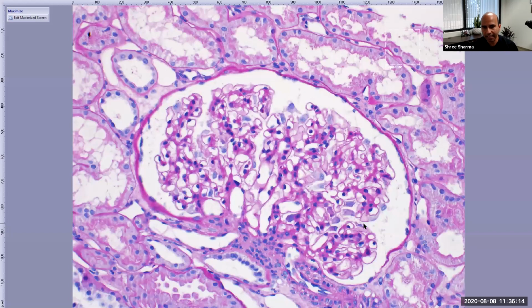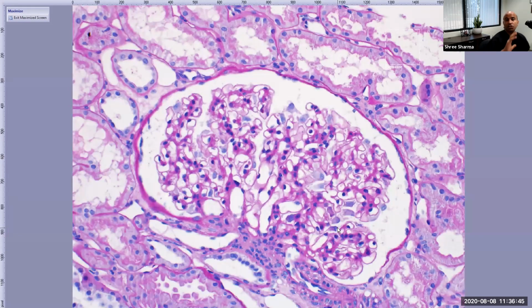If there is a single kidney, oligomeganephronia, or if the patient lost kidney tissue for any other reason or disease. Oligomeganephronia means fewer nephrons, so fewer functioning units. The remaining non-scarred functional units work very hard, and you end up seeing enlargement of the glomerulus.